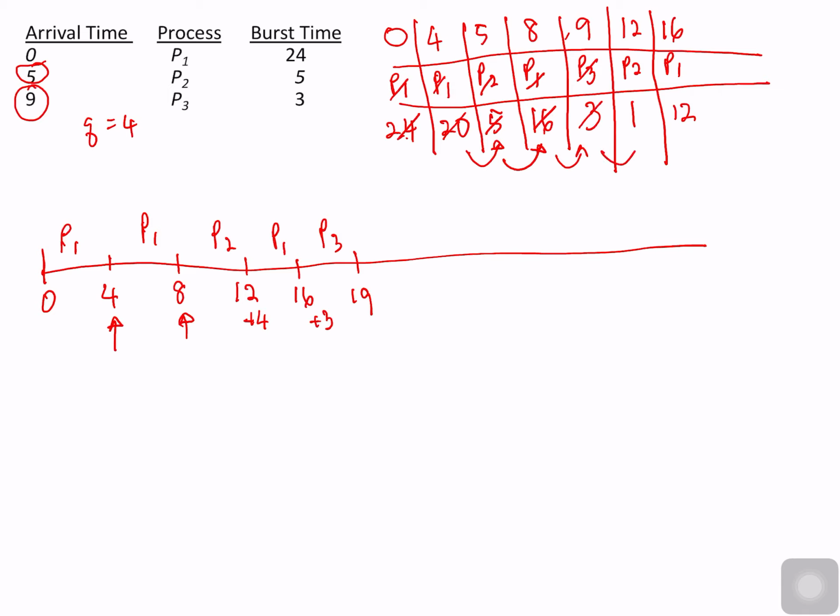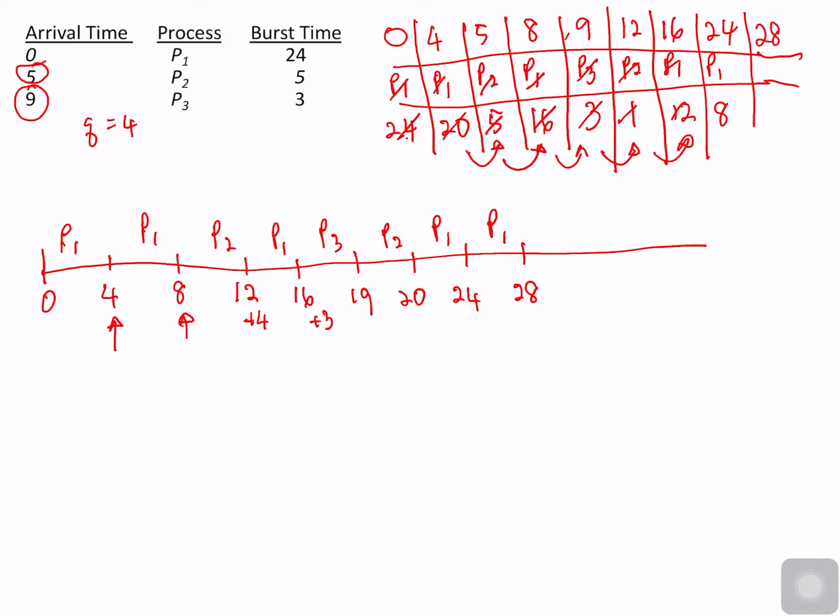The next process will be P2. P2 requires only 1, so until 20, and it finishes its execution. The next one will be P1. P1 requires 12, so we run it until it finishes its quantum time at 24. At 24, the balance is 8, and then P1 again until 28.